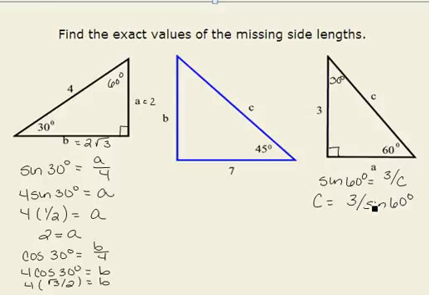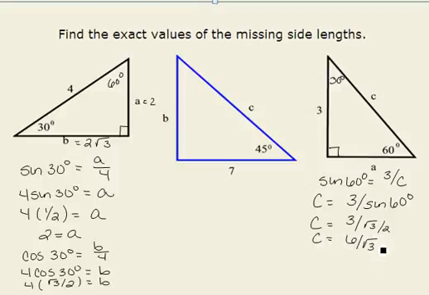We know the sine of 60 degrees is the square root of 3 over 2, which can be rewritten as 6 divided by the square root of 3.